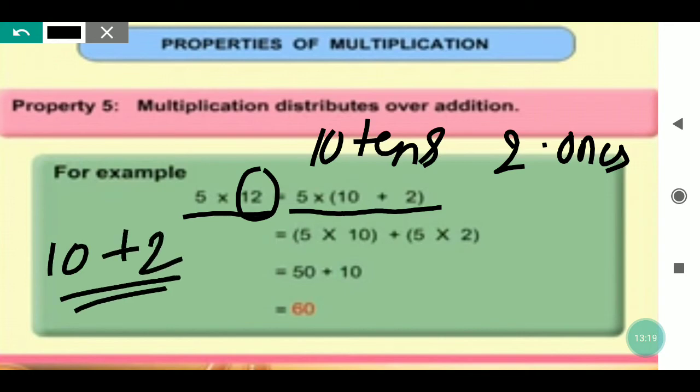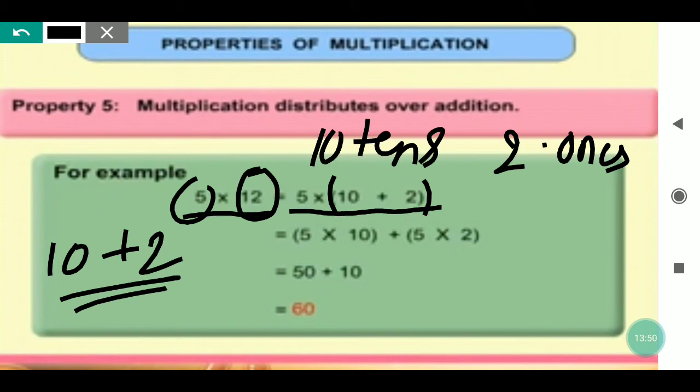So you will do 5 into 10 and 5 into 2, which means with 5 we are multiplying the numbers separately. We are separating the numbers according to the place values, the 10's place separately and the 1's place separately, by giving the plus sign in between. Because both the numbers are written together, by giving the plus sign and the bracket, we have separated the number. And 5 we have written as the multiplicand, the factor.